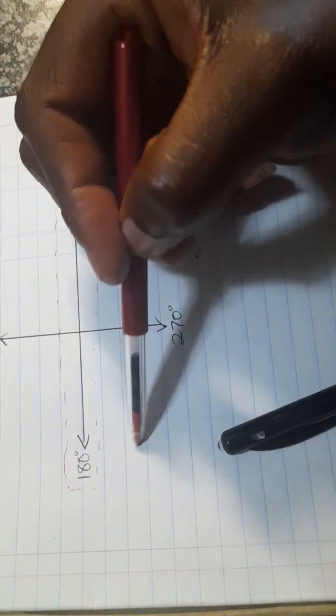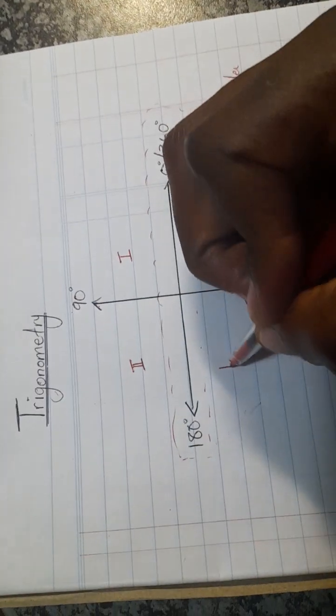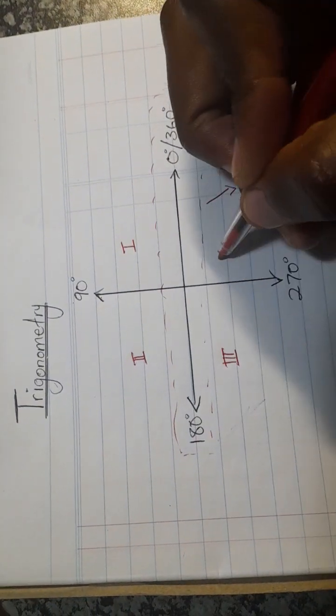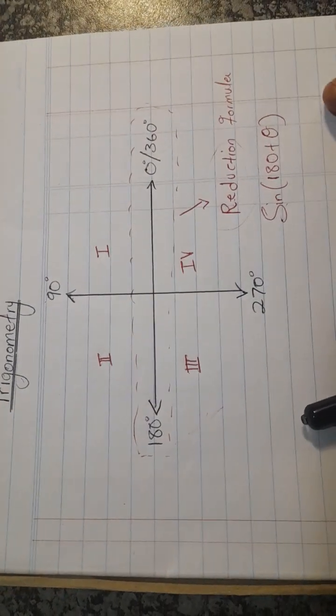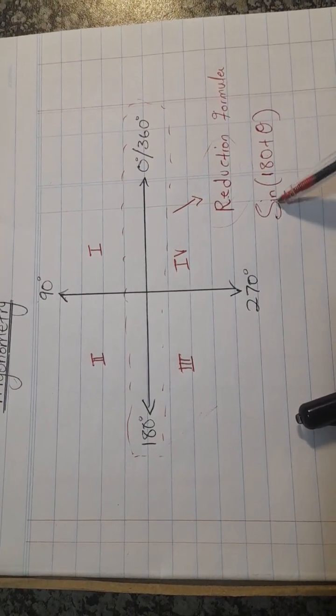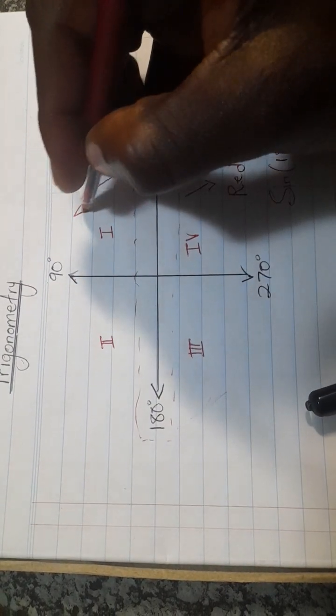180 plus, I'm coming to this quadrant. Remember, this is a first quadrant, this is a second quadrant, this is a third quadrant, and this is a fourth quadrant, right? So since I have sine 180 plus theta, I'm going this direction.